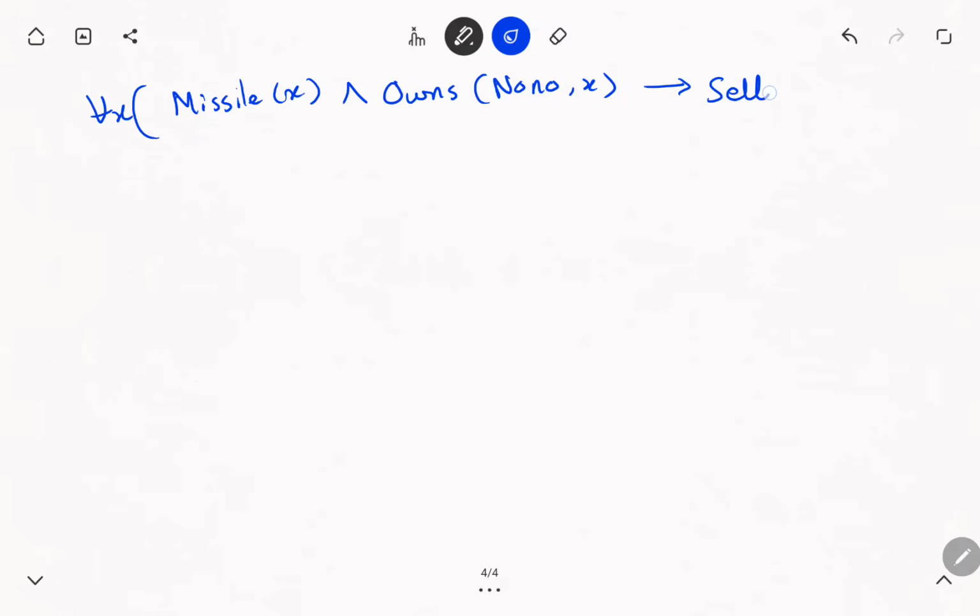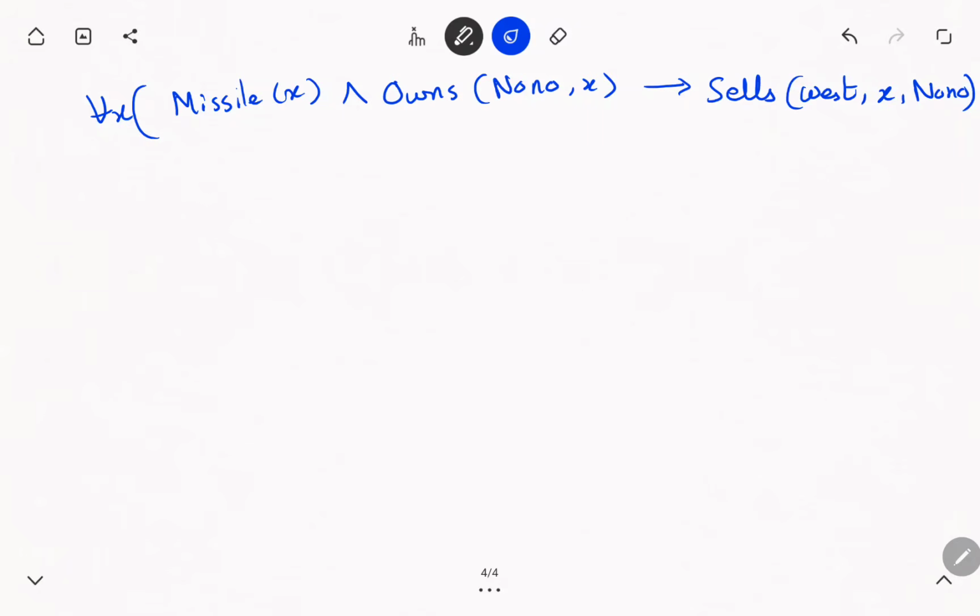Okay, now we know that missile M1. So now for all x, missile x and owns no, comma x implies sells west, comma x, comma no. Now we already know that missile x is true.